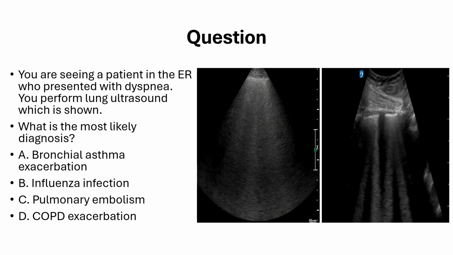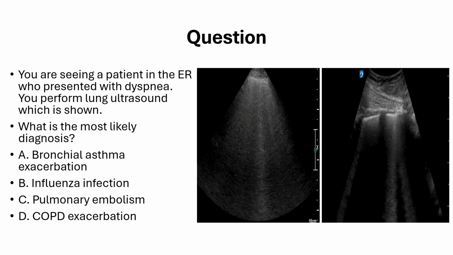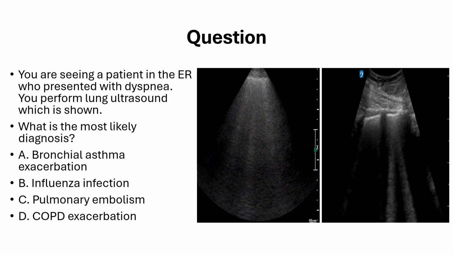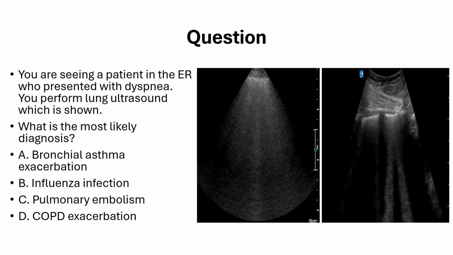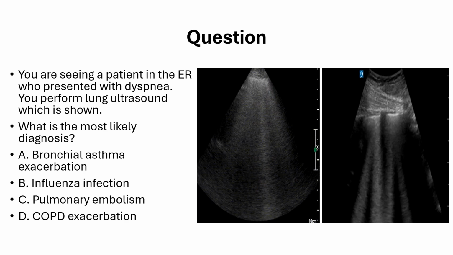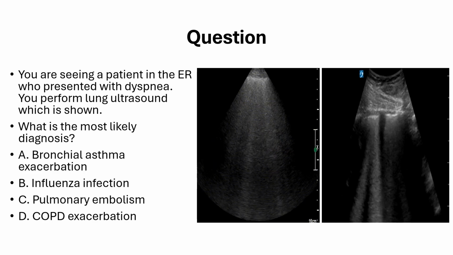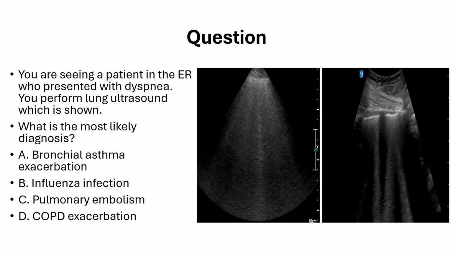Bronchial asthma and COPD exacerbations are not associated with a B-line pattern. Like we discussed earlier, lung ultrasound is not sensitive or specific for pulmonary embolism. So this patient likely has either influenza pneumonitis or influenza ARDS presented as what is called interstitial lung syndrome.